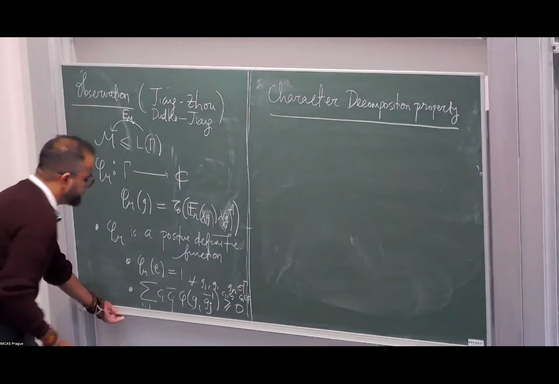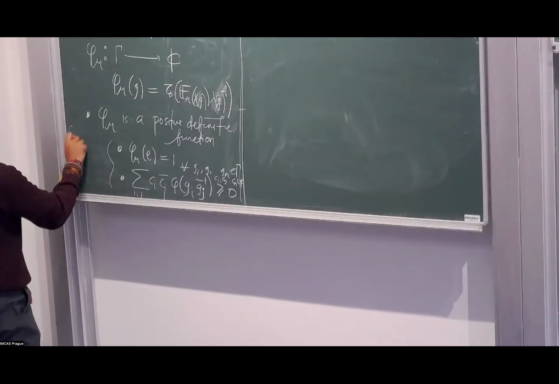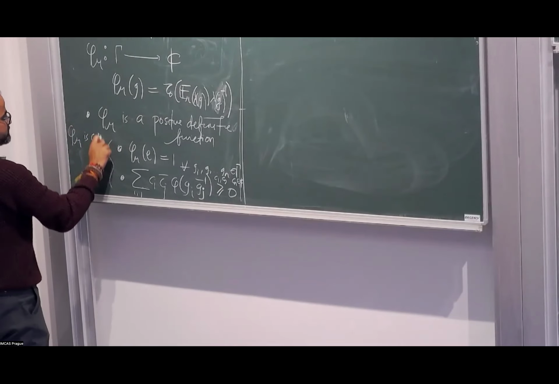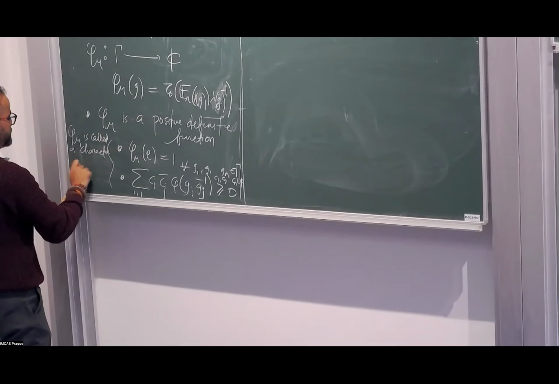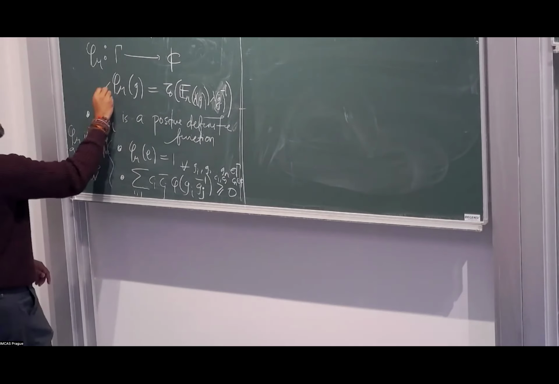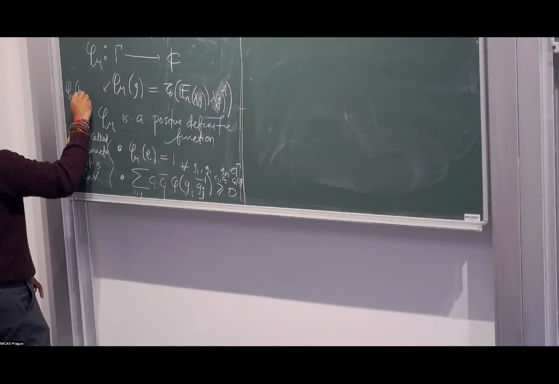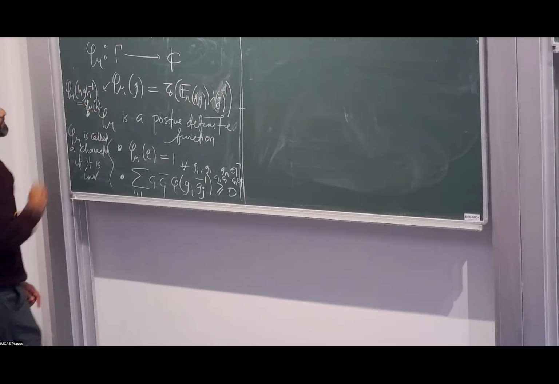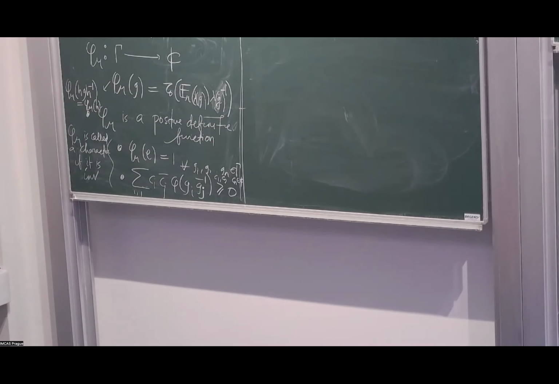Additionally, phi m is called a character if it is invariant, in the sense that phi m of H, G, H inverse is phi m of H for every G. So when you conjugate it, it does not see the difference. And this happens if and only if M is invariant.